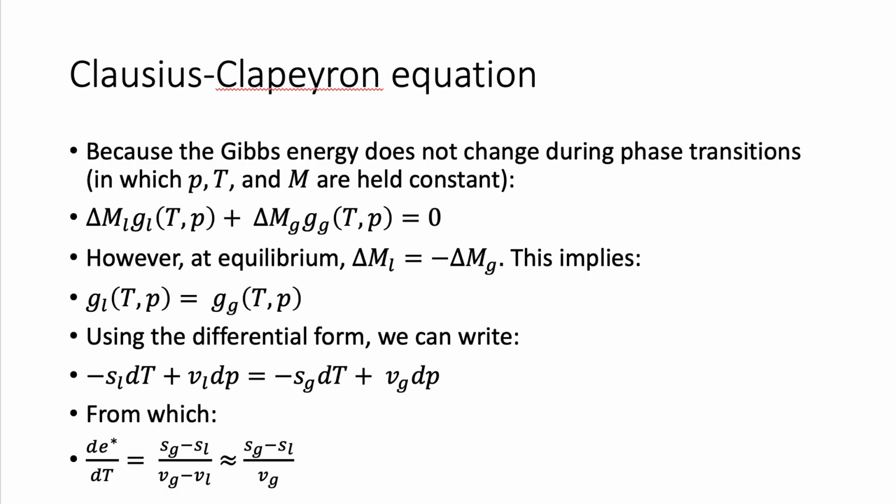And in particular, I hope you remember that last time we talked about Gibbs energy. And maybe you were asking, why are we talking about Gibbs energy? Well, we're talking about Gibbs energy precisely because of this. Gibbs energy during phase transitions, which is what happens when you go from liquid to gas or vice versa, does not change. Okay, so the Gibbs energy in your system remains constant when you reach equilibrium.